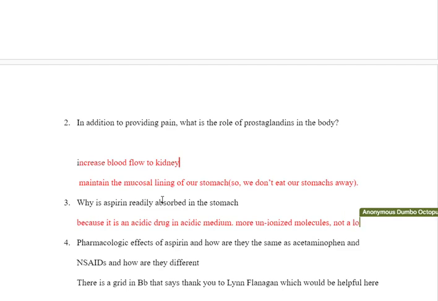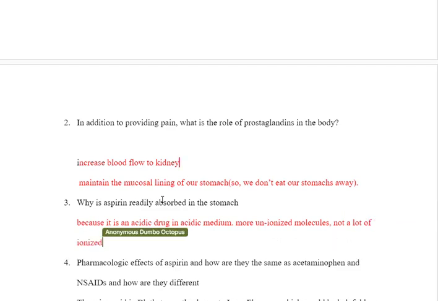So we'll get like 80% non-ionized, 20% ionized, which is what we're looking for. So we can say the positive thing, we get a lot of non-ionized, the 80%, or I could also phrase it, we don't get a lot of ionized, the 20%. It means the same thing.